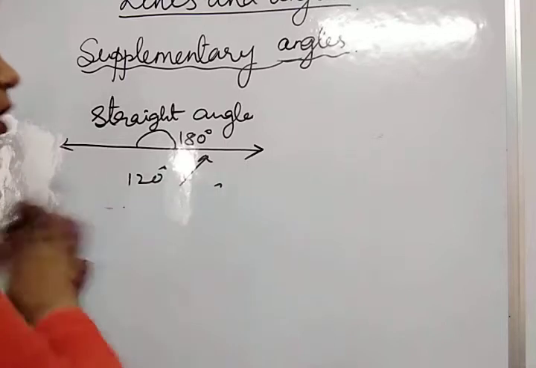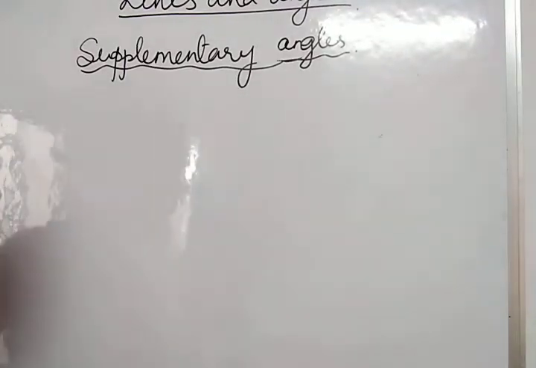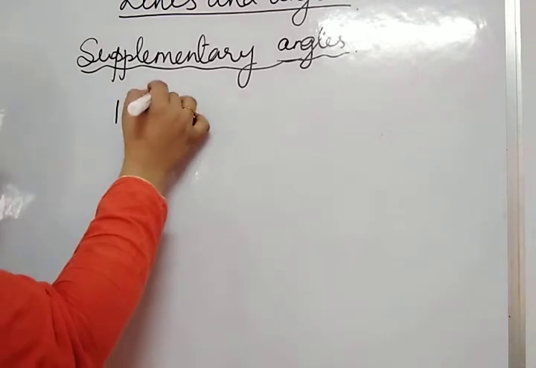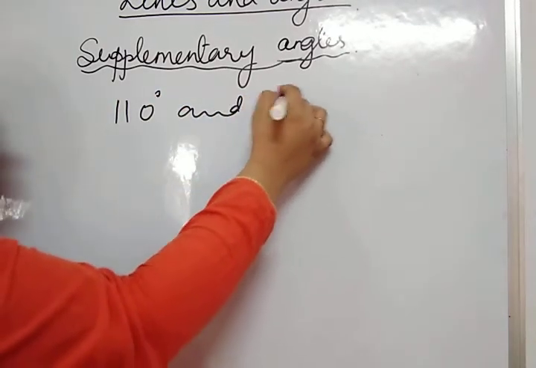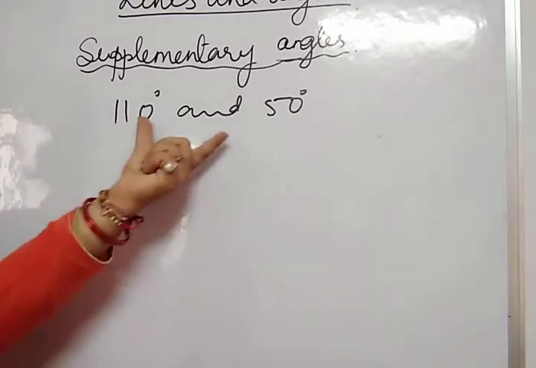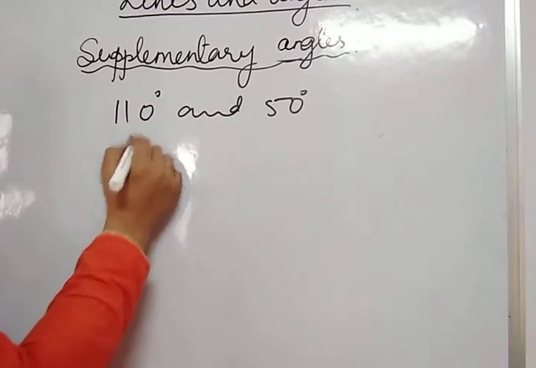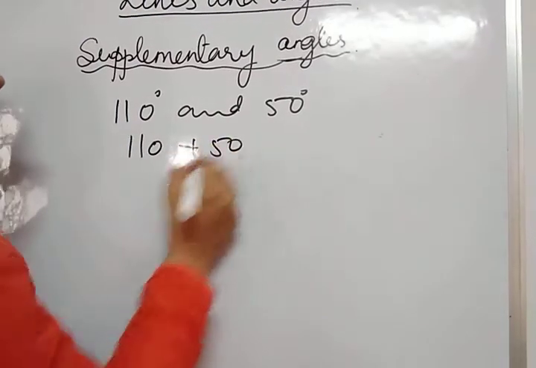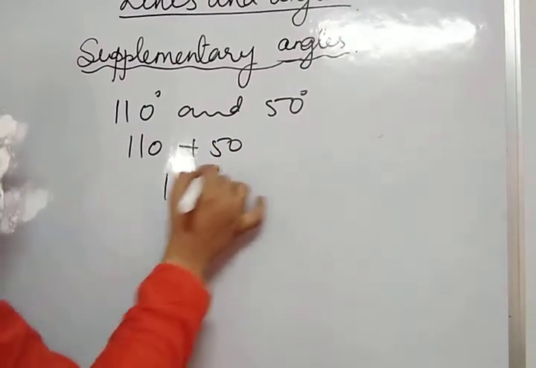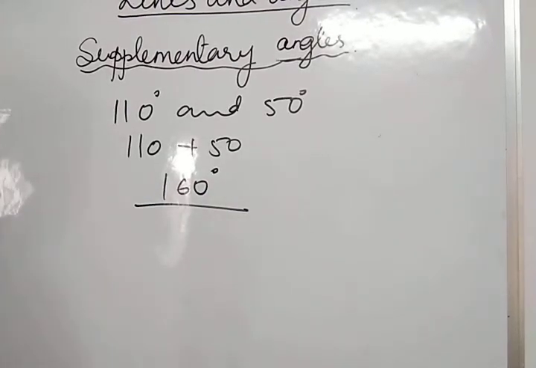If their sum is 180 degree, they are said to be supplementary angle, like 110 and 50. We have to find out whether they are the pair of supplementary angle or not. For that we will add them. Their sum is 160 degree, not 180 degree. So these angles are not a pair of supplementary angles.